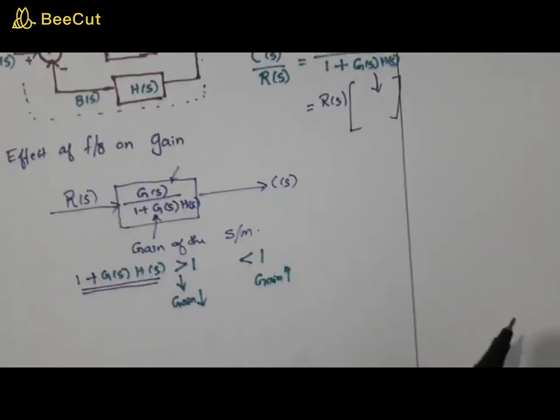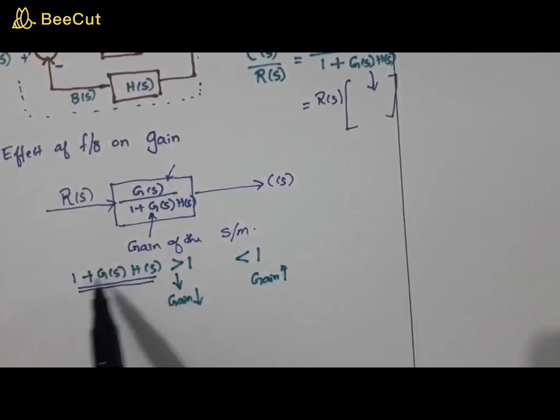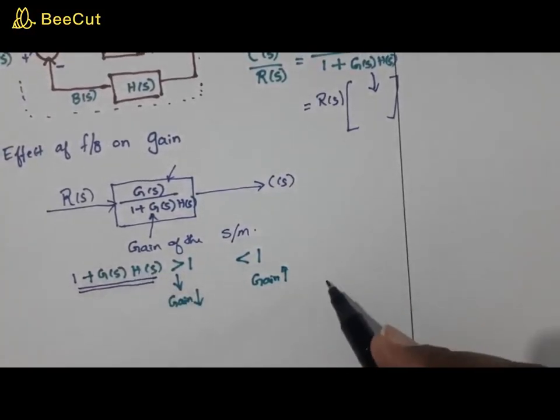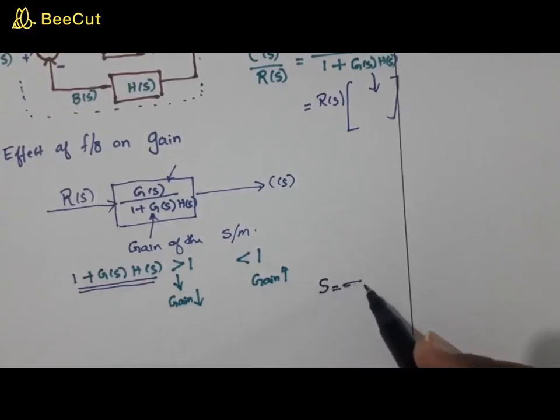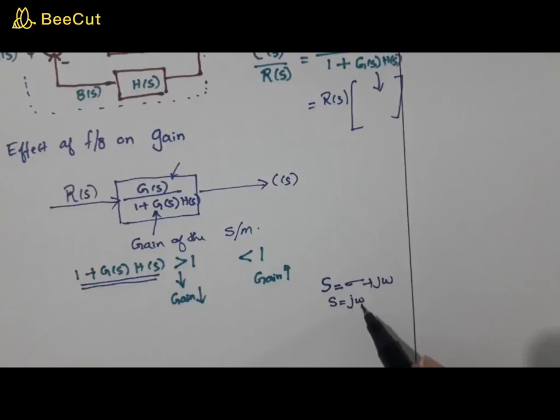Now the next question is how this varies. We know that 1 plus G of S H of S is a function of S. I have taught you in signals and systems that S is defined as sigma plus j omega, or in an electrical system we usually take S equal to j omega. So what is this omega?